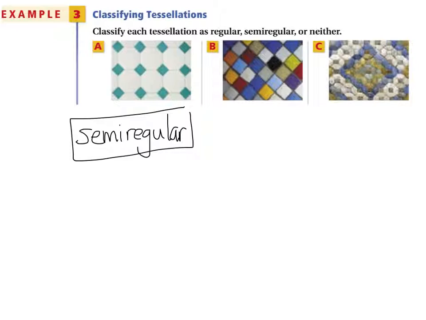Now in B, we only have squares. Squares are regular because it's a regular quadrilateral. So the tessellation, since it's one regular shape, is regular. And the last one looks kind of like a rug. But if you look at it, we have multiple shapes in here. And here's what you need to look at. If you look at the vertex, and I know it's kind of hard to see, but if I pick, for example, this vertex right here, it looks like we have 6-sided shapes.